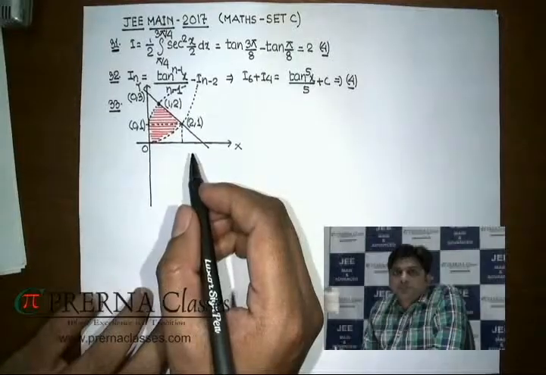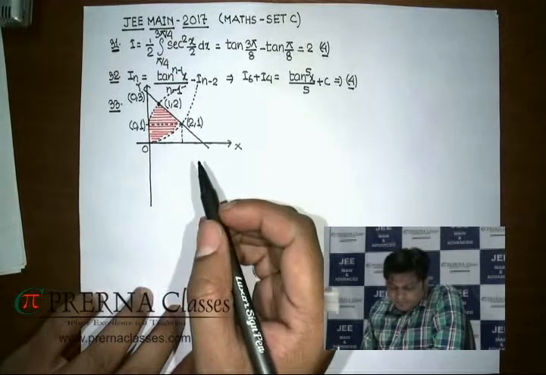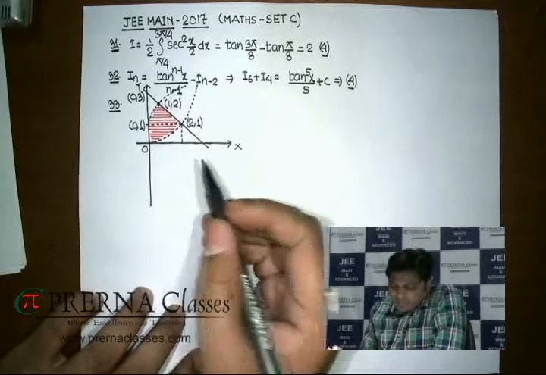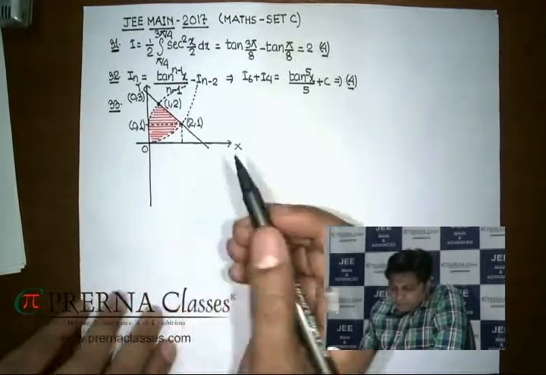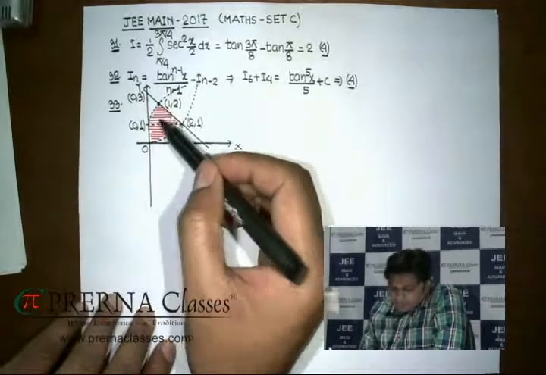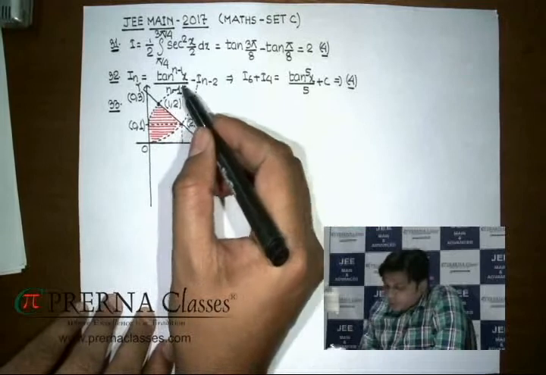The third question, which is related to area in this particular set, is talking about the region which lies on or below this line, interior part of this parabola. Again, the region which satisfies y less than or equal to 1 plus root x.